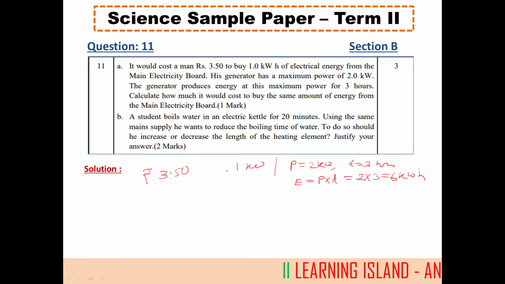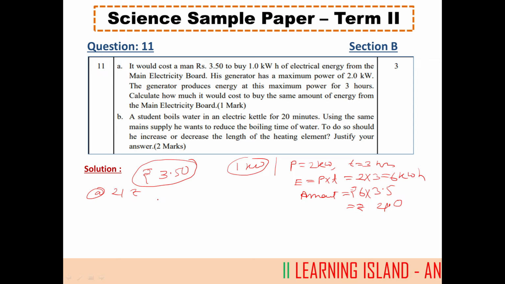For 1 kilowatt hour the amount required is 3.50, so for these 6 kilowatt hours the amount will be 6 into 3.5 rupees. 6 fives are 30, carry 3, 3 sixes are 18, 19, 20, 21. So it will be 21 rupees. So the answer to part A is 21 rupees.